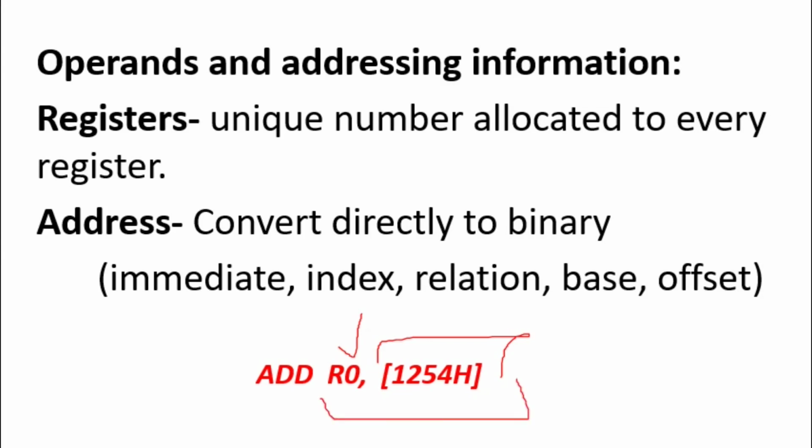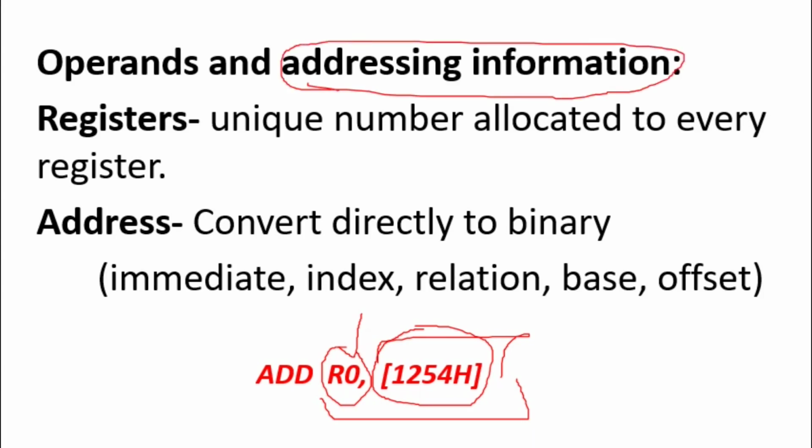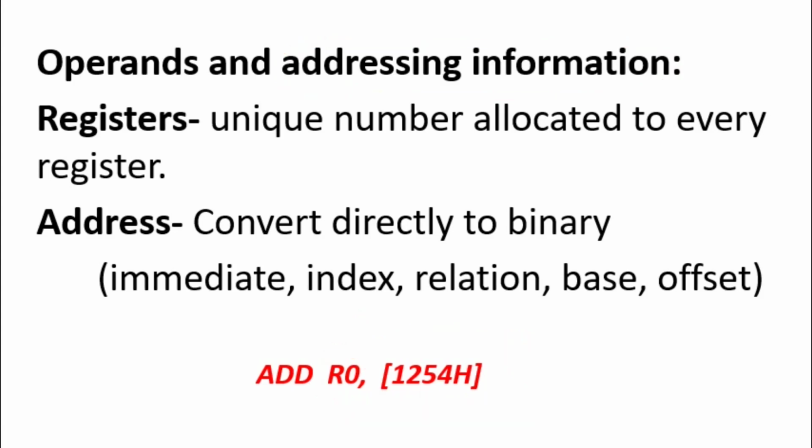These are the details which, later when decoding, inform the processor that the source is a register as well as that the destination is a direct addressing. So these two pieces of addressing information, what kind of addressing we have used in the instruction, must be stored. And another piece of information that must be there in the encoded instruction is the operands.